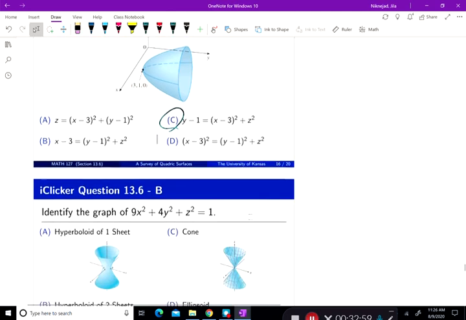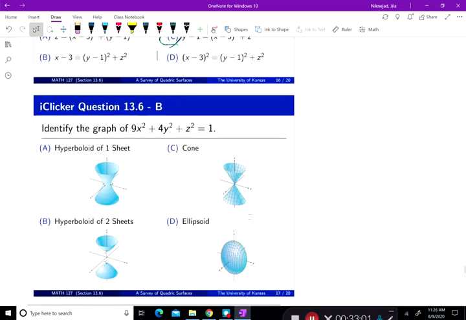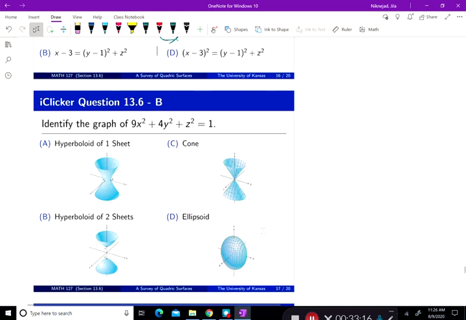Now let's do iClicker question 13.6b. Identify the graph of 9x squared plus 4y squared plus z squared equal to 1. Take a break and find the answer and come back. I hope you found the answer already.